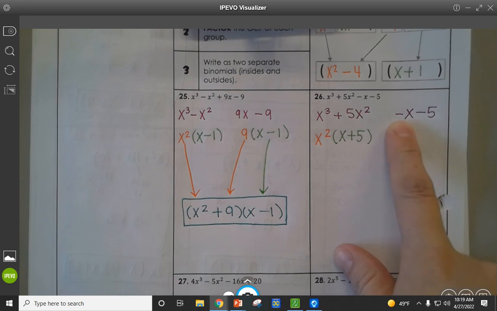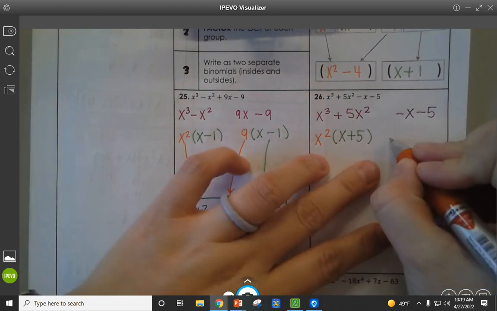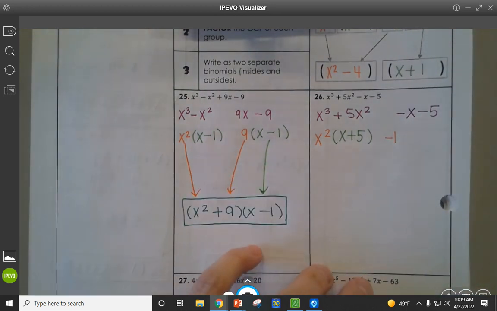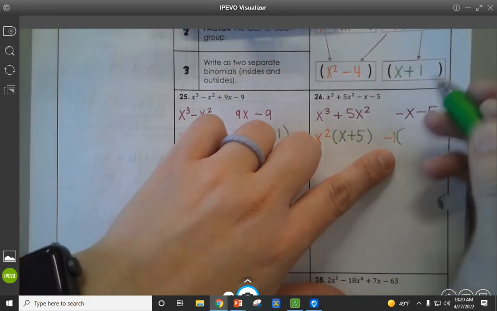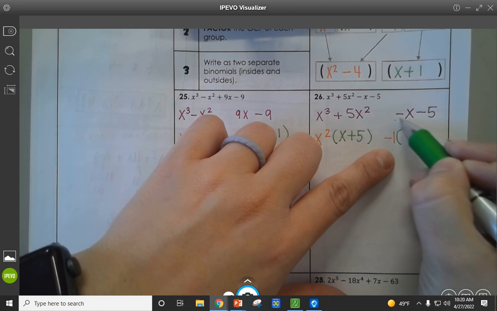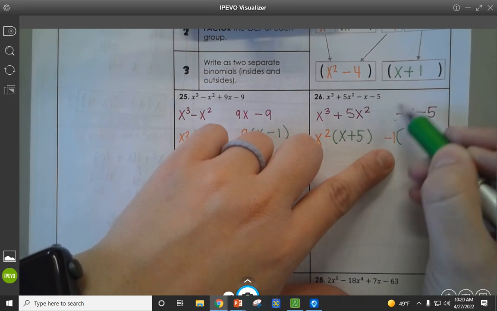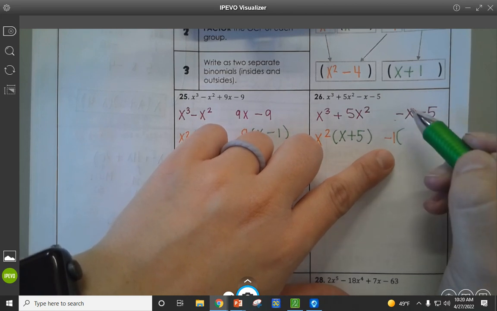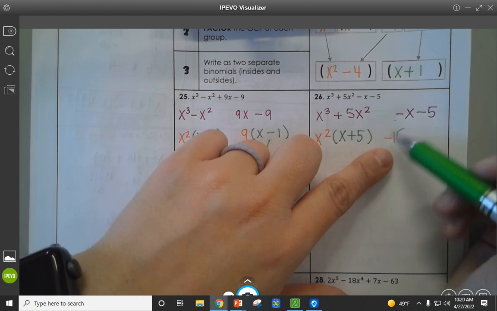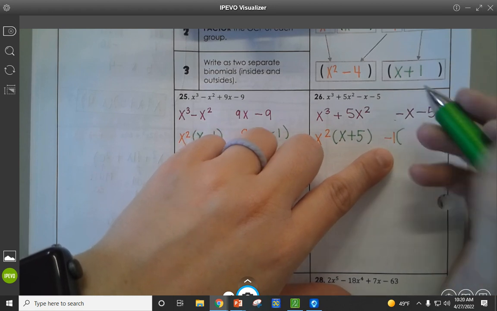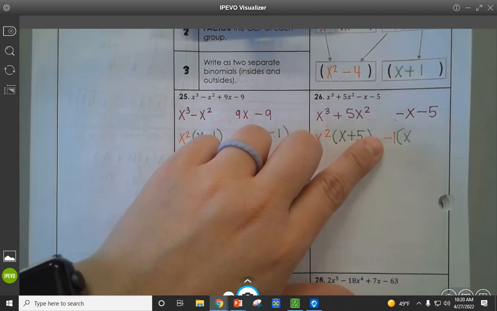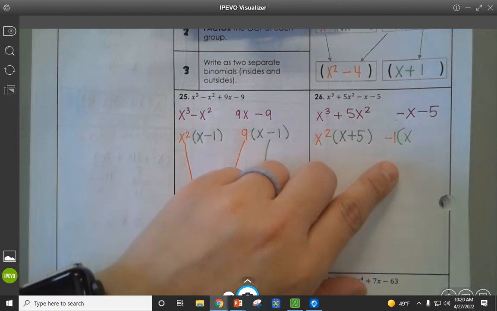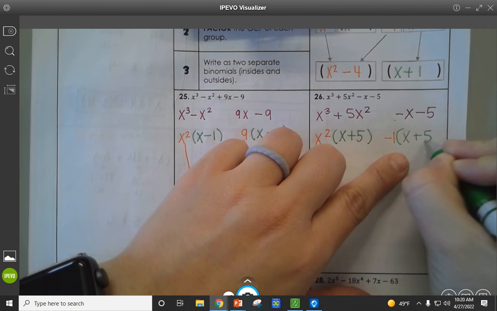Because this starts with a negative, we're going to put negative 1. So if I divide this first one by negative 1, what's left? A positive, because negative divided by negative is a positive. x. Negative 5 divided by negative 1 is positive 5.